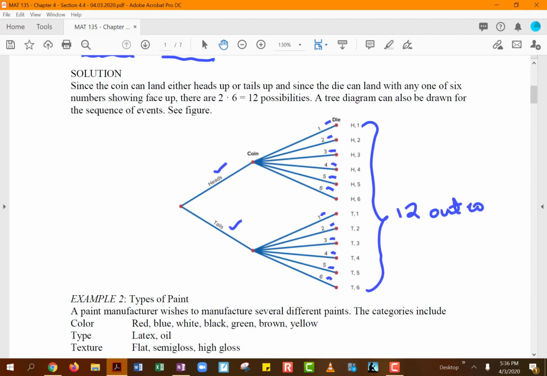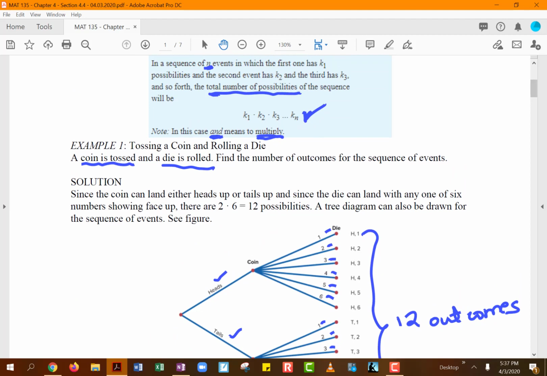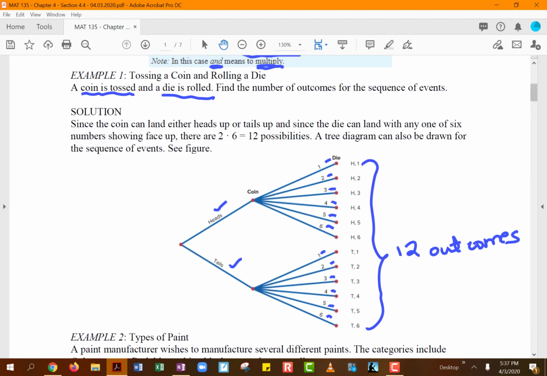If you remember, we did basically the same example in the previous section, section 4.3, and I showed you how this would work out. The way the fundamental counting rule works, we multiply the total number of possibilities. You have 2 outcomes from tossing a coin, a heads or a tail.